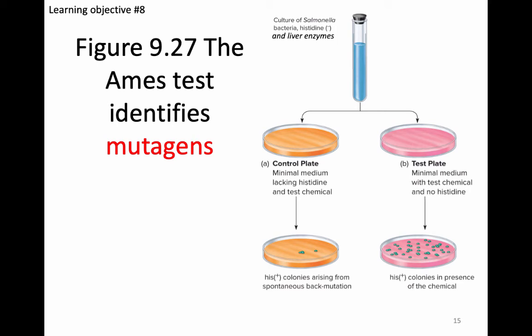So many more bacteria have gone from being histidine minus or histidine auxotrophic to histidine plus and now growing on this media without histidine provided. Because we have so many more colonies on the test plate than the control plate, we can conclude that this test chemical, or one of its metabolites, is a mutagen and is causing DNA changes and increasing the rate at which histidine minus cells become histidine plus cells.